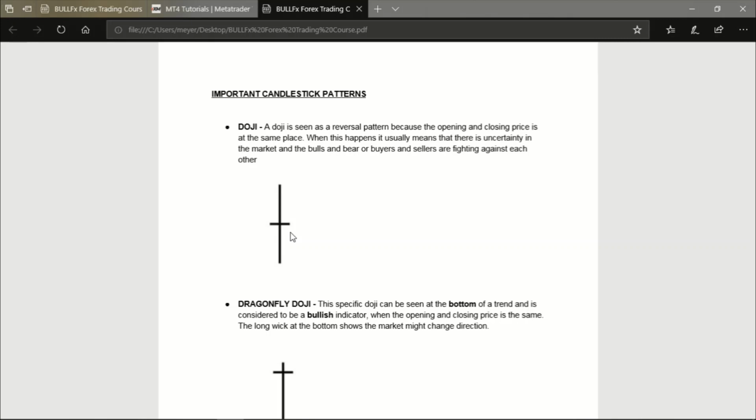The market closed at that price, so the market neither increased in value nor decreased in value. However, the wicks represent that the market did move up within that hour and moved down within that hour. However, at the end of the hour, the candlestick closed at the same price at which it had opened at in the beginning of the hour, which then leaves uncertainty for that hour.